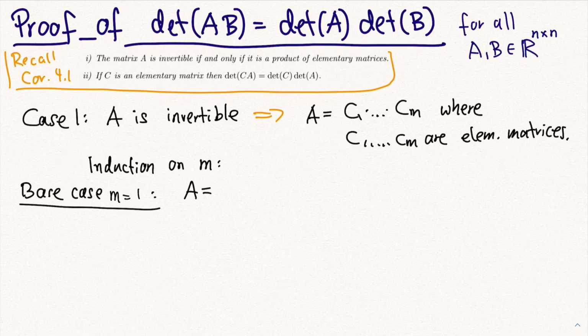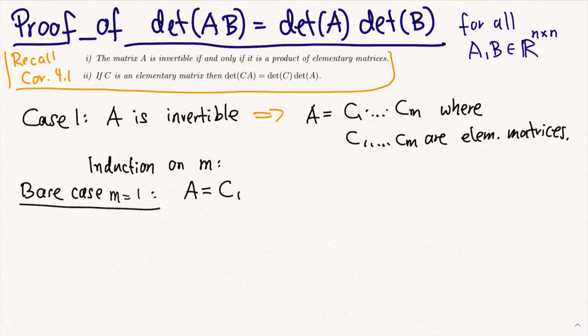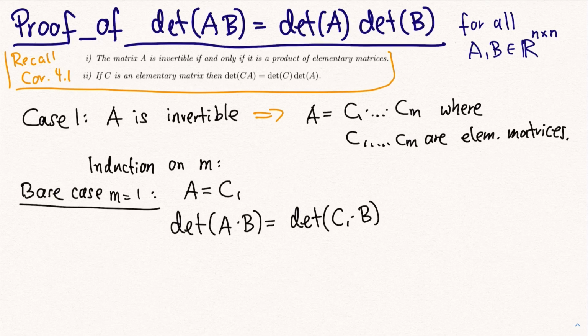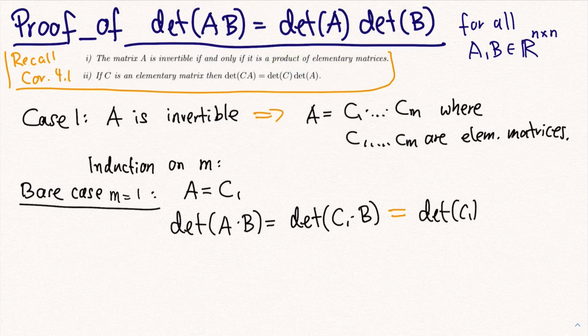If A is just C1, then this formula is exactly what we already did in the corollary, because the determinant of A times B is then the determinant of C1 times B, but C1 is an elementary matrix, and therefore by this corollary this is the same as the determinant of C1 times the determinant of B, and this is just the determinant of A times the determinant of B, because A is just C1 in this case.